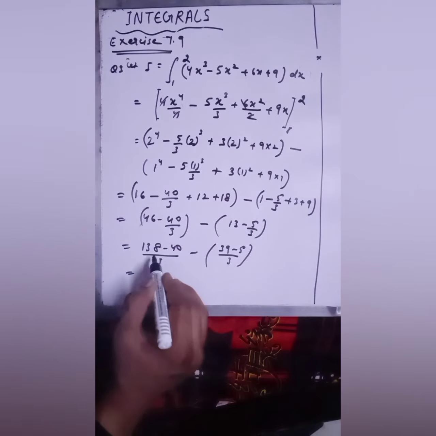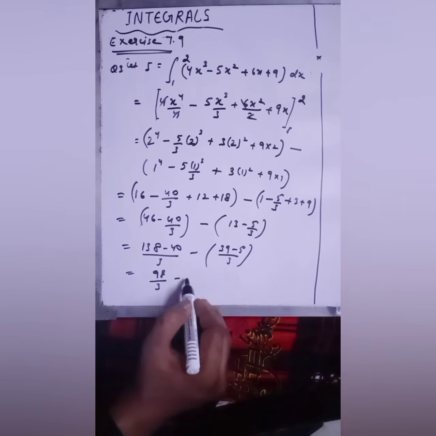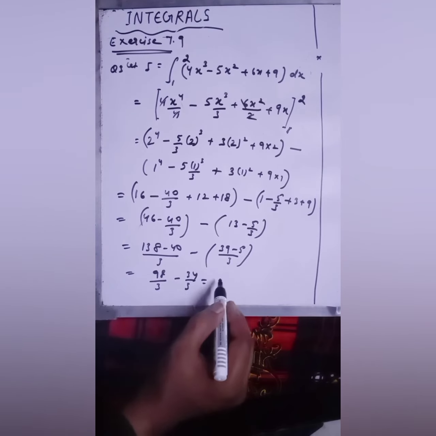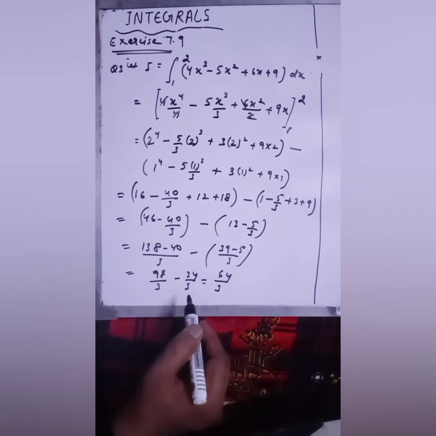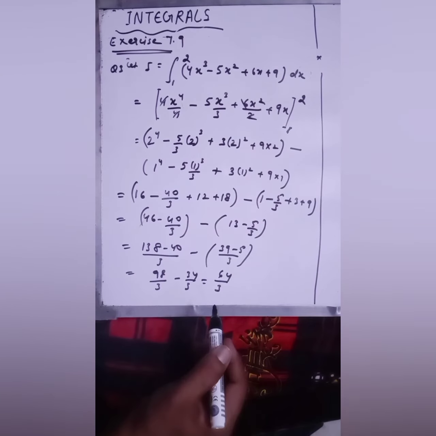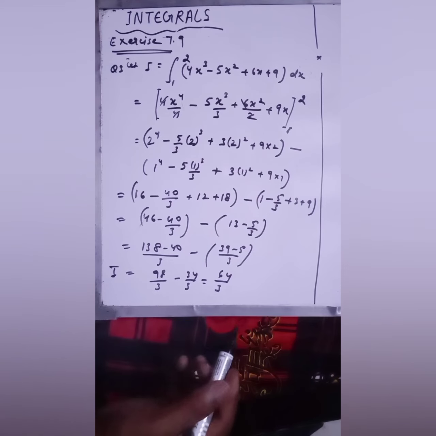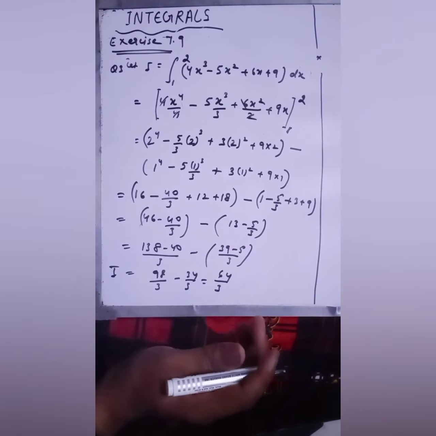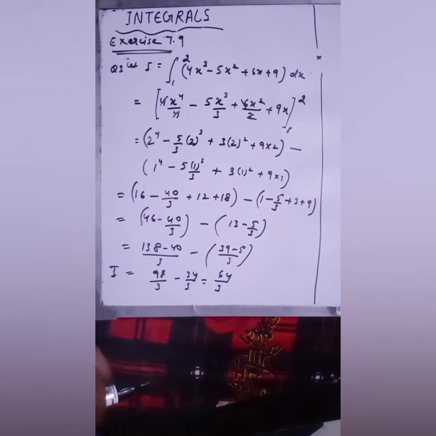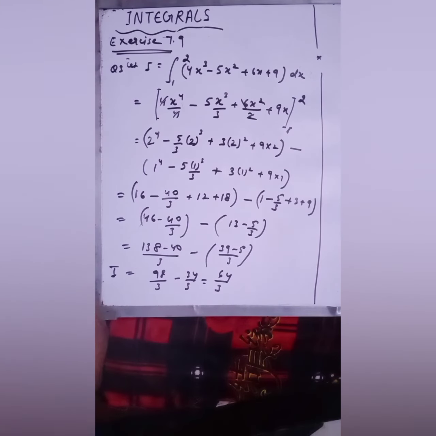So here 98 by 3 minus, and this is 34 by 3, 64 by 3. So this is the required answer. Okay, so this is how you can solve this question. Calculation एक बार check कर लेना बेटा, ठीक है?